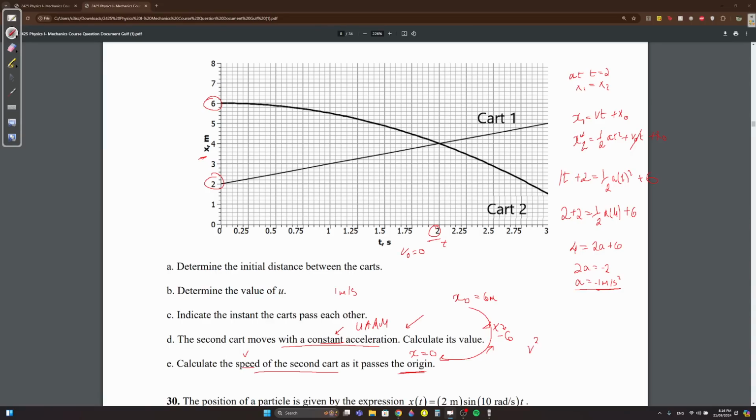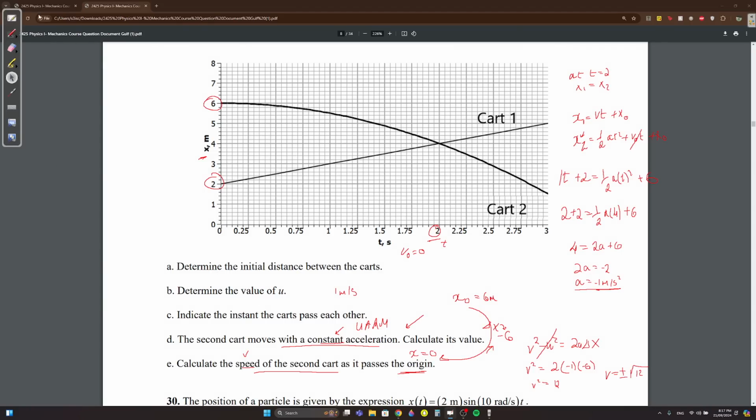I memorized this equation, v squared minus u squared equals 2a delta x, whenever I don't have time. We call this the time independent equation. We know u squared is 0. V squared equals 2 times acceleration negative 1 times delta x negative 6, so v squared equals 12. So v equals plus or minus radical 12.